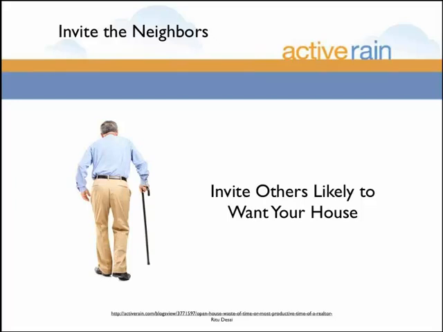Barbara does a lot of stuff with 55 and older communities. When she does that, she's got some lists that she's bought in her market with people over the age of 55 on the mailing list. Those are the people she targets for an open house in a 55 and over community.